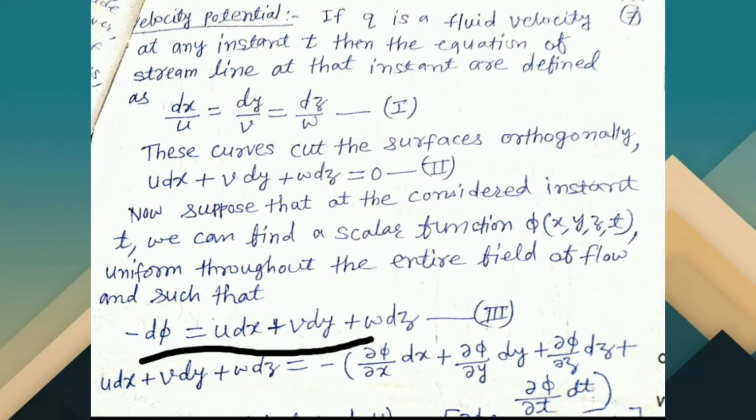So what do we get? What is this minus d phi?